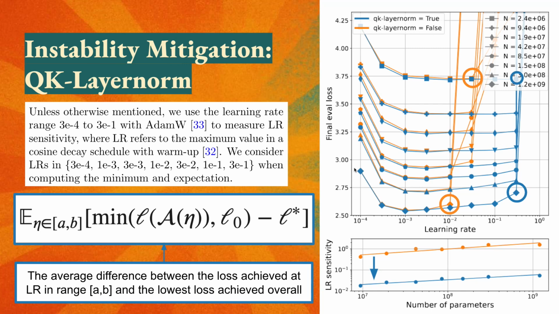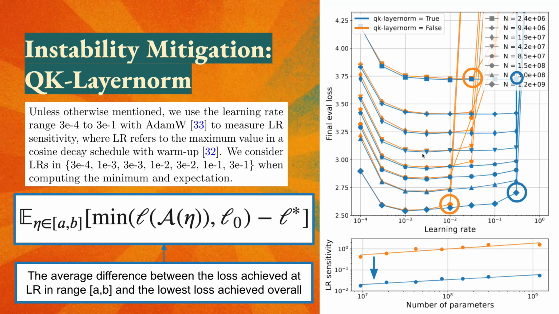The second thing is we can see our 7 learning rates of interest. So here's 3e-4, 1e-3, all the way up to 3e-1. Next, we see that all these different symbols represent the number of parameters going from 2.4 million up to 1.9 billion. So here at the top, we have 2.4 million, and at the very bottom, we have 1.9 billion.